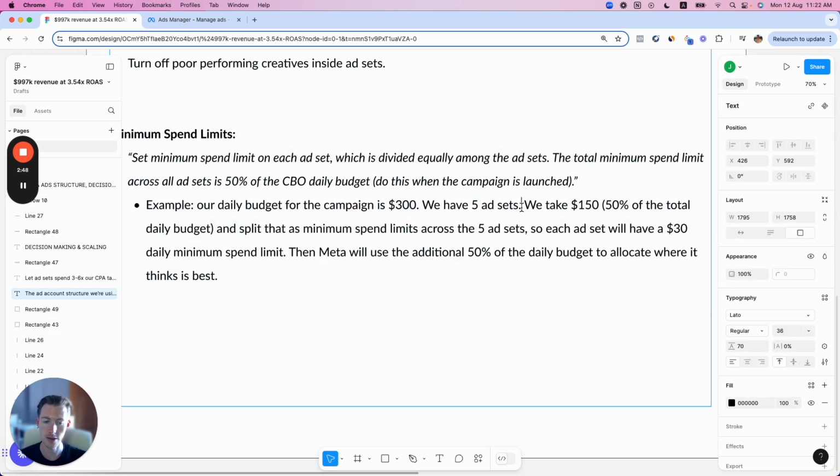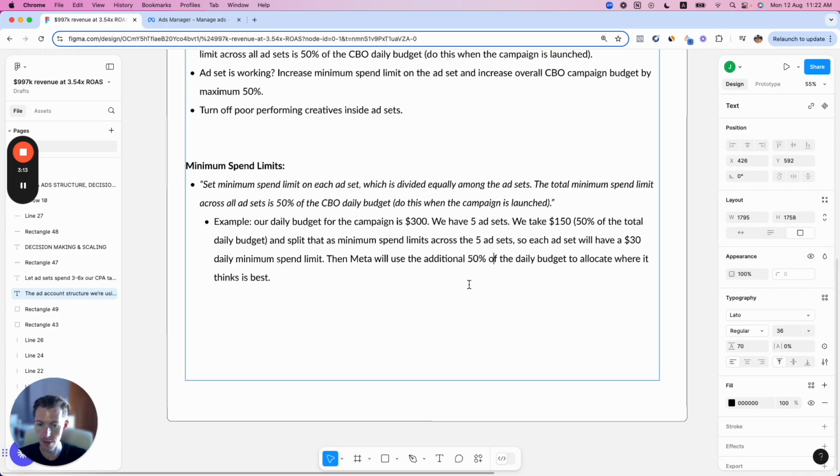We have 5 ad sets, which means we take $150, so 50% of the total daily budget, 50% of 300, and we split that as minimum spend limits across 5 ad sets. That means each of the 5 ad sets will have a $30 daily minimum spend limit, right? All of them combined is $150, which is 50% of the total. Then Meta will use the additional 50%, the other $150, to allocate it wherever it thinks it's best, right? So that's what we do.